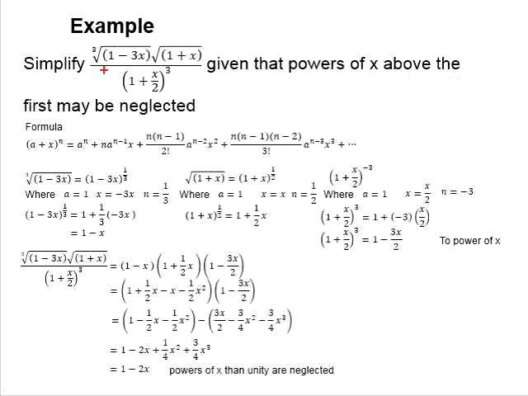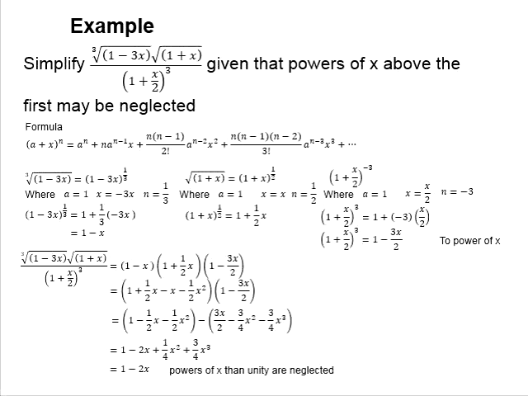These questions ask you to simplify these functions given the power of x above the first may be neglected. That means you are looking at the power of x only. The factors of greater powers, such as x power 2 and onwards, are neglected.